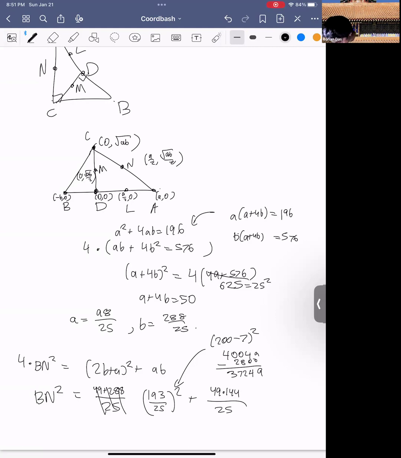Yeah, 37249. And then 49 times 144 is 7200 minus 144, which is 7056 or something like that.